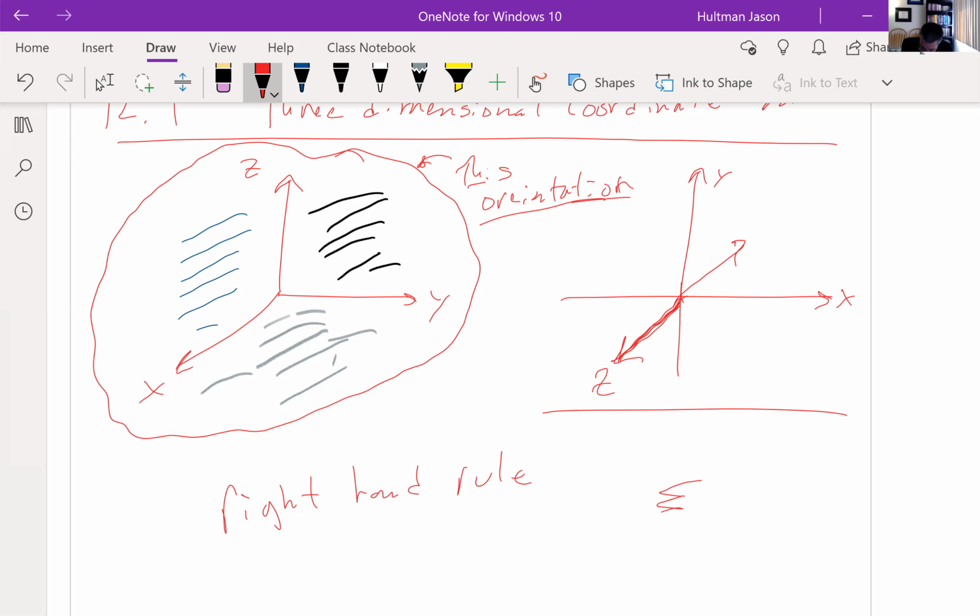Okay, so boom, and then we got some fingers here, and then we need the thumb. Don't forget the thumb. Do you see my hand there? Everybody good?